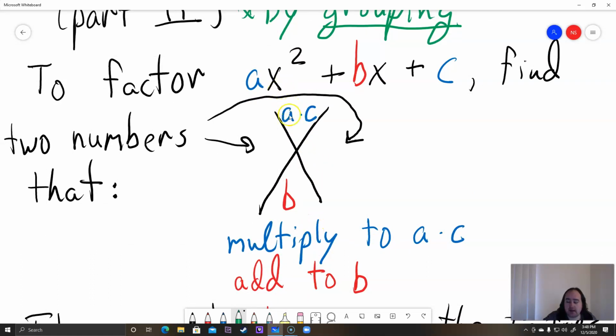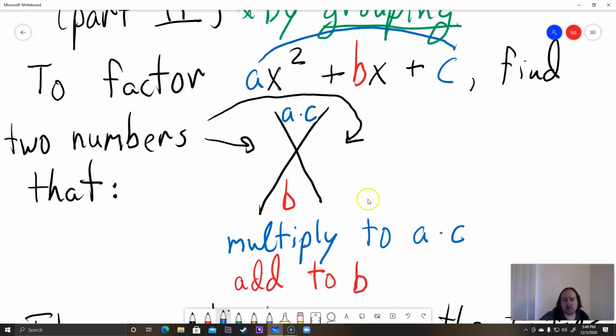So notice I wrote a times c on the top of the x because they need to multiply to a times c, and then I wrote b on the bottom of the x, so they need to add to b. Basically, to get a times c, we're multiplying the first coefficient times the last coefficient, and for the bottom number they need to add to b, which is the middle term. Okay?